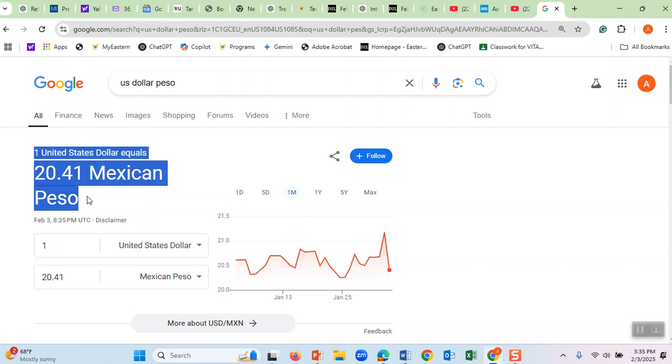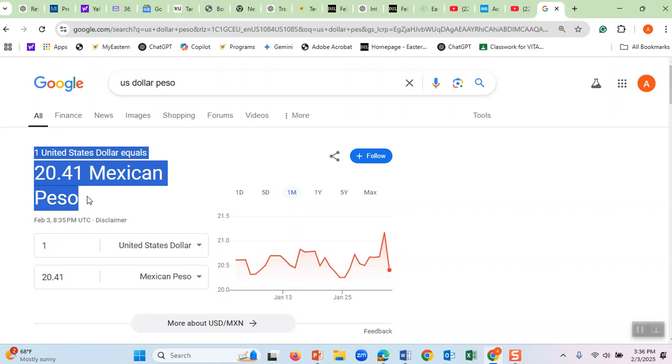Therefore, if you decide to go to Mexico, it's a good time to go. Why this has happened is because of the trade war that Donald Trump has brought up. During summer it was 18. If you gave $1, you got 18 pesos. Now you are getting 20 pesos.